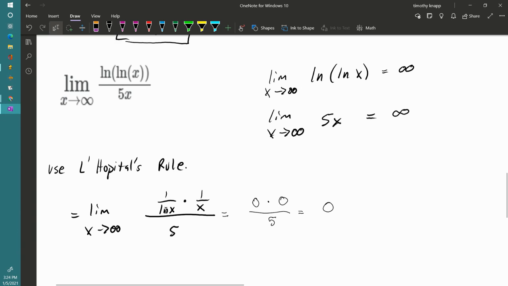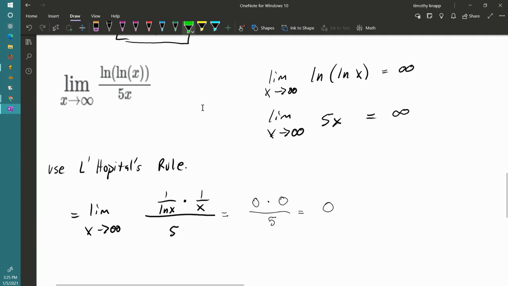derivative of the numerator. So let's differentiate this numerator, the natural log of the natural log of x. I'm going to differentiate the outer function, so that's this natural log here. And that's 1 over the argument, which happens to be also another natural log, okay?